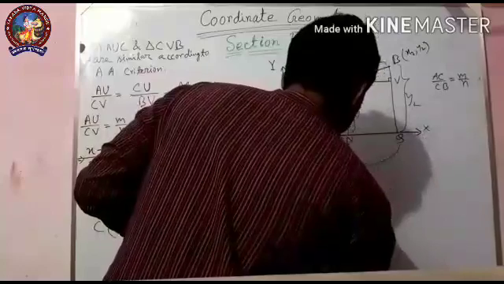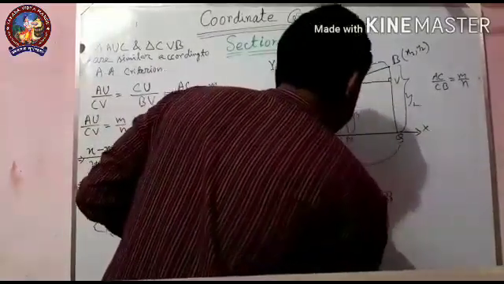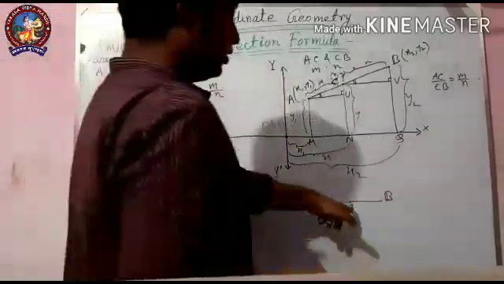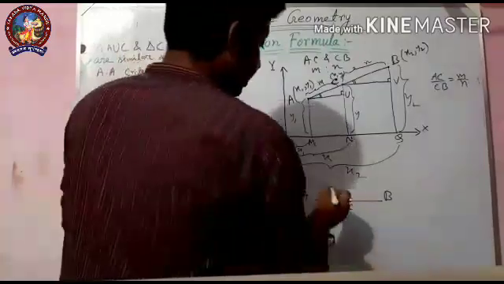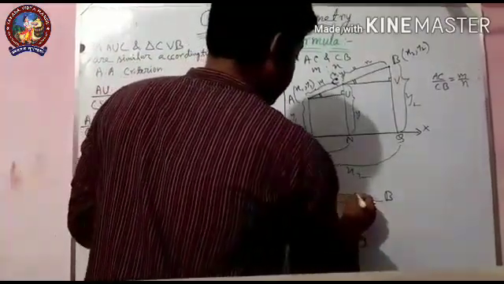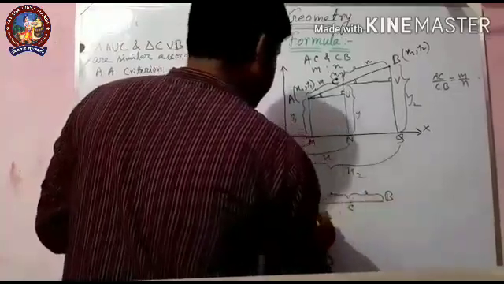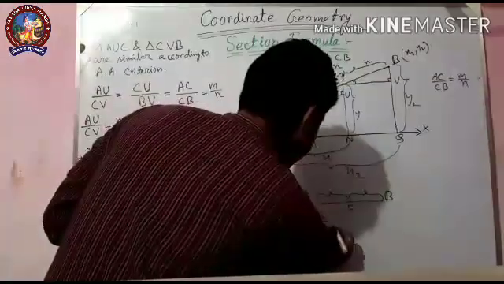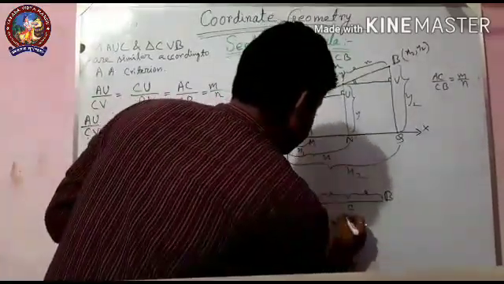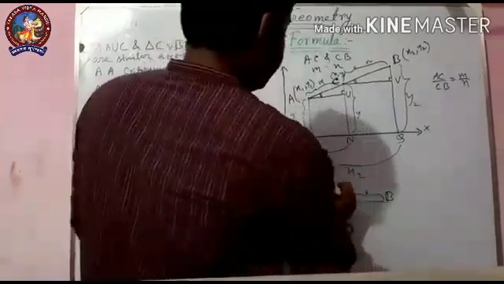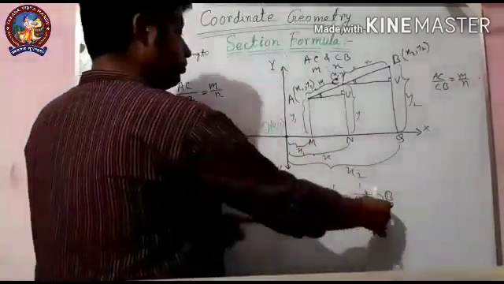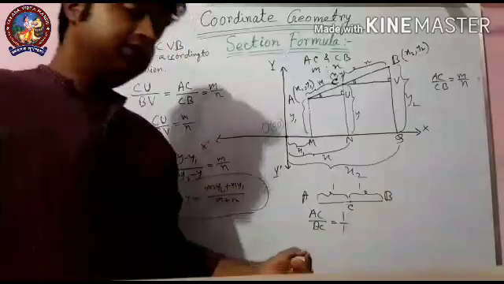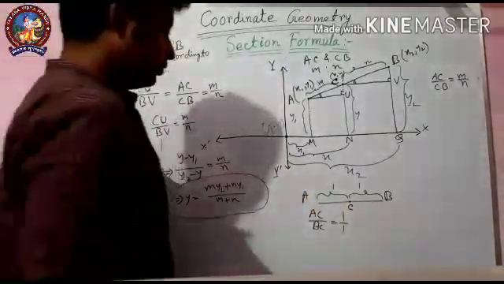Suppose a line segment AB is divided at a point C internally, and the lengths of line segments AC and BC are in the ratio 1:1. That means C is the middle point of the line segment AB. C has divided the line segment AB equally in two parts.